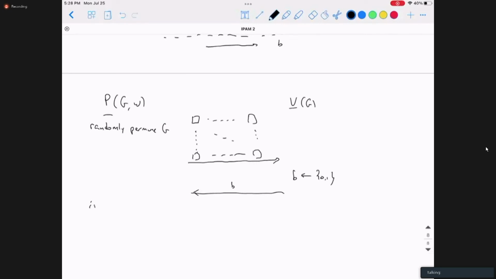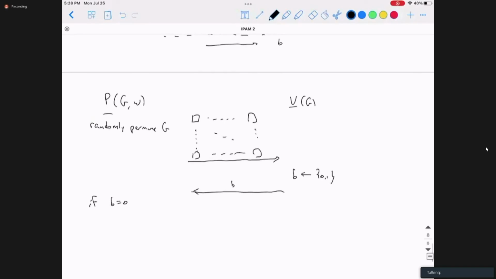So if b equals 0, what we're going to do is have the prover open all commitments. And it can also reveal the permutation that it used to generate this permuted copy of the graph G prime.